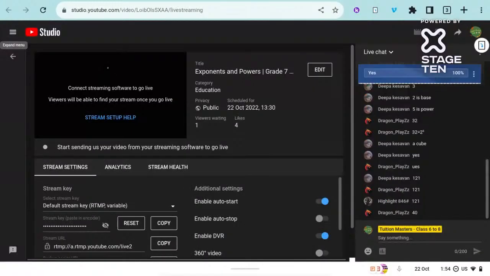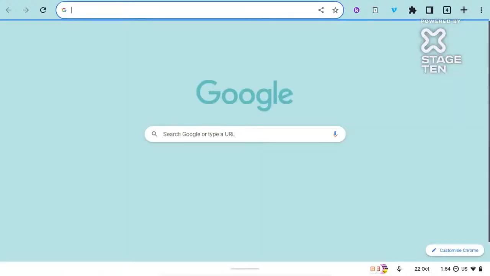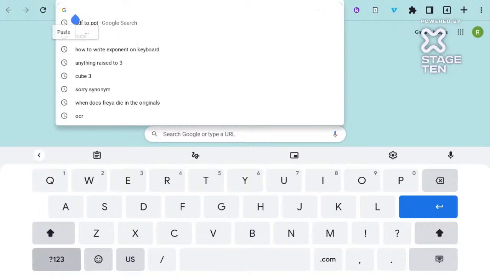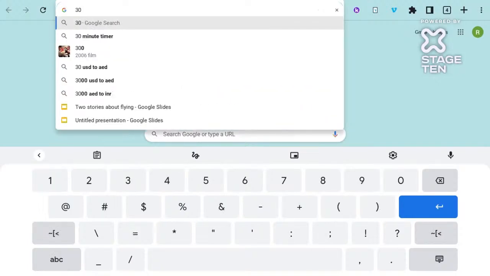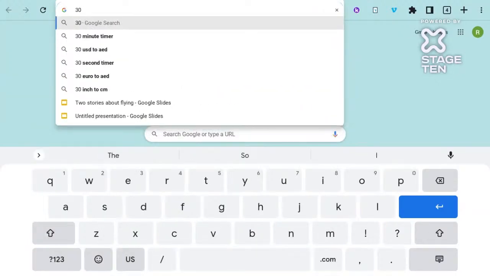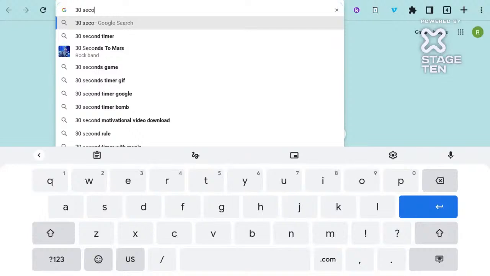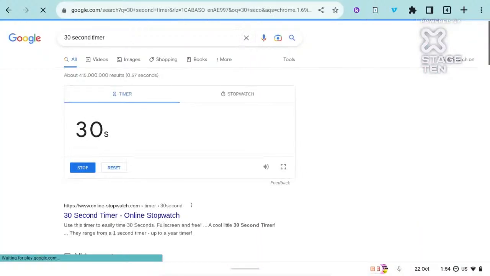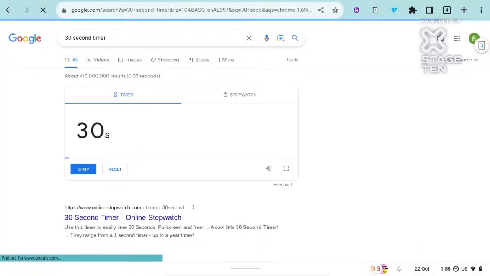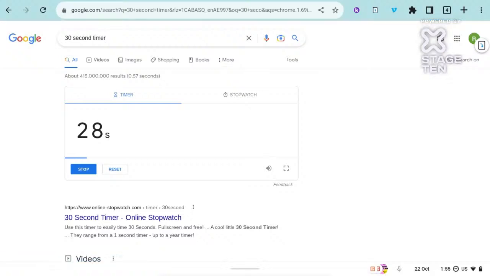30 seconds. Okay, let me put a timer for you guys. Wait. Let's put a timer. 30-second timer. Okay, let's start. The timer is at 30 seconds. I'm giving it to all of you. I've got many answers, but still, if anyone else is remaining, we'll do it.